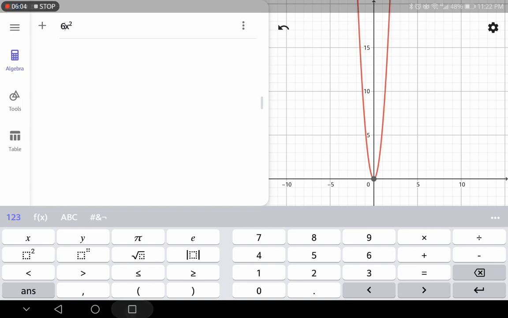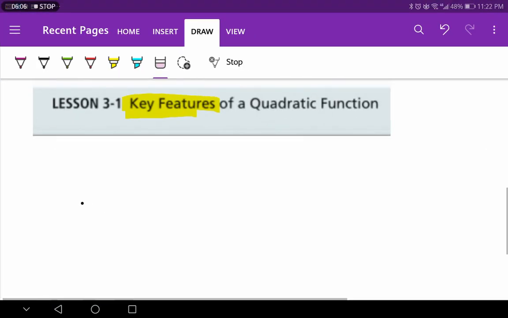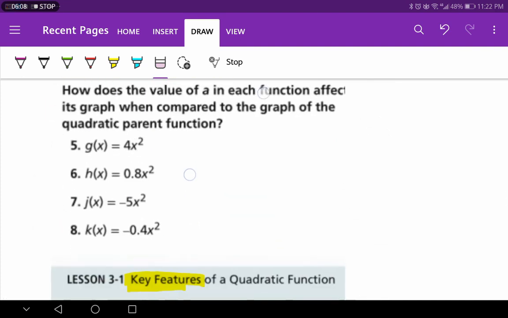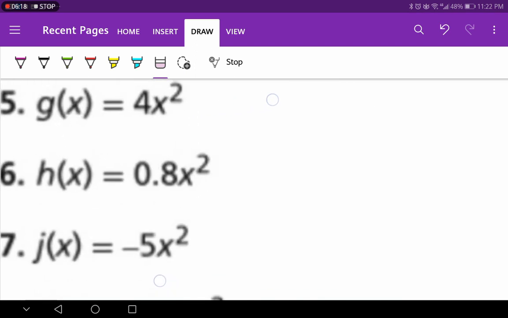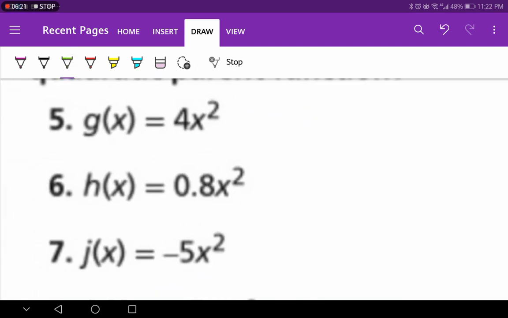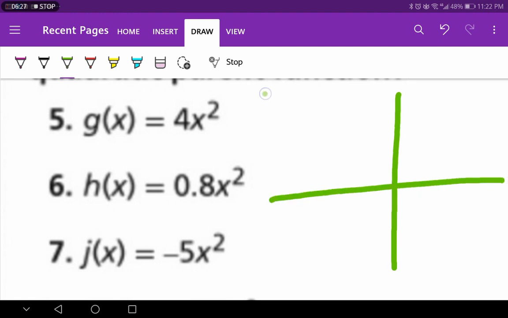Now let us do this example fast. How does the value of a in each function affect its graph when compared to the graph of the quadratic parent? For example, g(x) equals 4x squared. Let me draw the parent first. When I say the parent, I mean x squared, that means a equals 1.